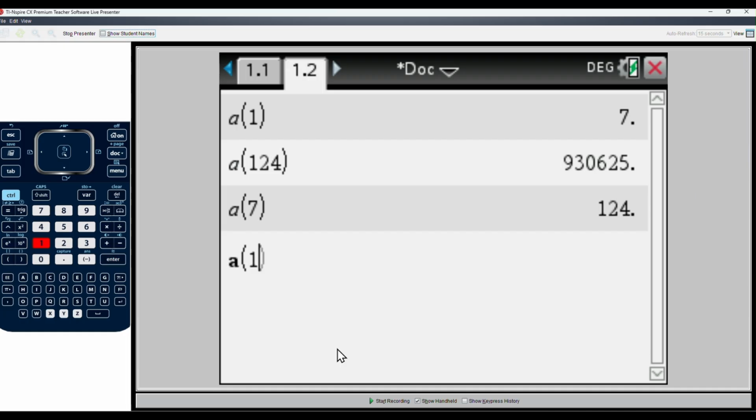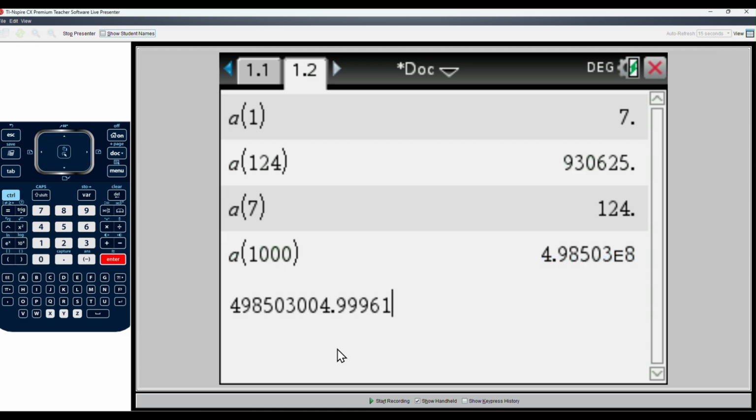But now let's do the a of 1000. So if you put this in there and we put our 1000, we should get a return. It's a really big number. There it is. Okay. Now we're going to have to round that off. So it's approximately, well, actually it's exactly, we got to divide these things up.